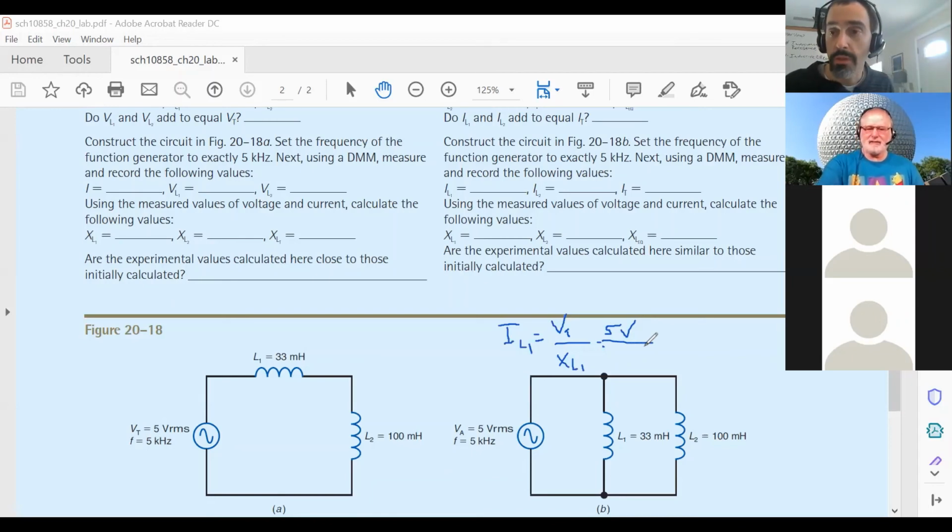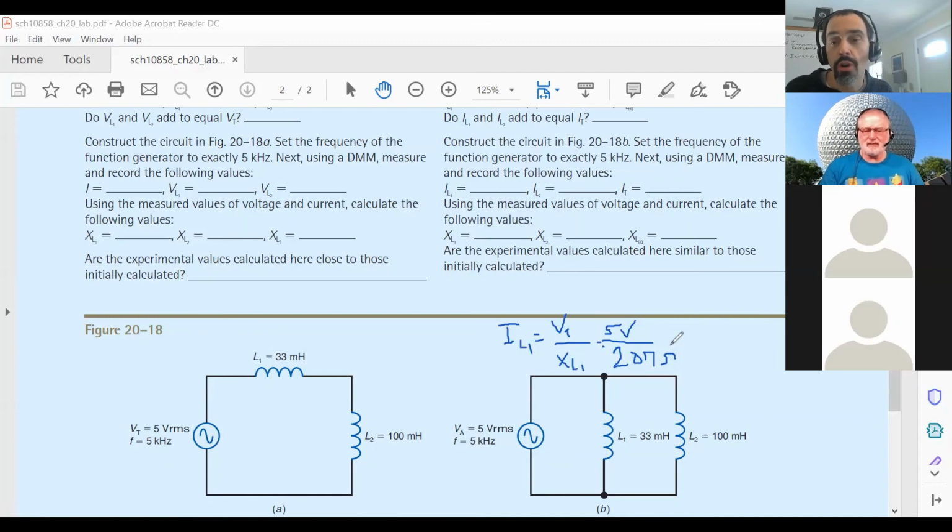I got it, 207. I'll write these down. Okay. So if I take 5 volts divided into that, I get 24.